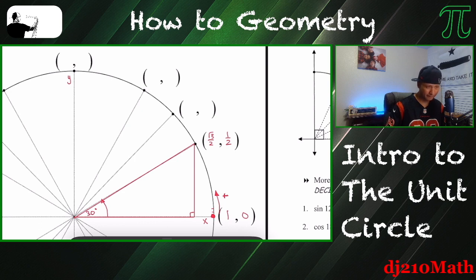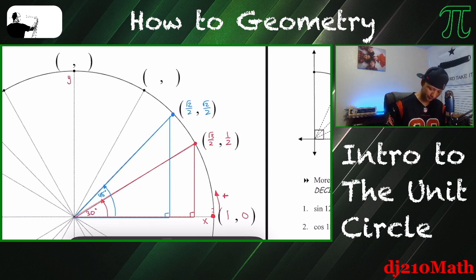As we keep going, that was this first spot. The next line, we can use a different color. The next line is actually 45 degrees. And for 45 degrees, the coordinates are root 2 over 2, root 2 over 2.